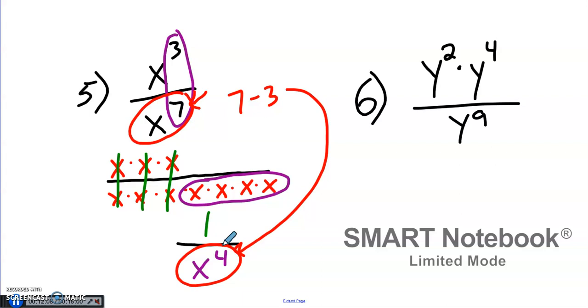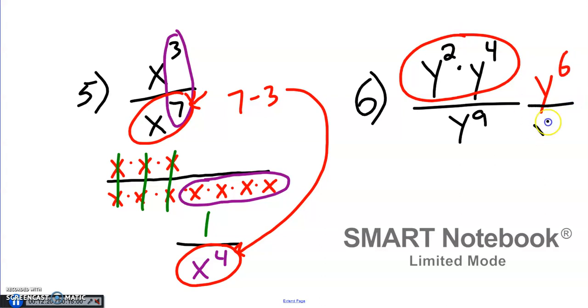So for number 6, we have y squared times y to the 4th, all divided by y to the 9th. Well, we can simplify the top. We get y to the 6th, and that's getting divided by y to the 9th. Now, normally, we would do 6 minus 9, because it's a to the m over a to the n, but that's not going to give us a positive exponent.